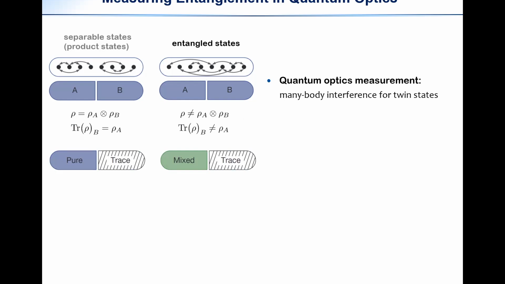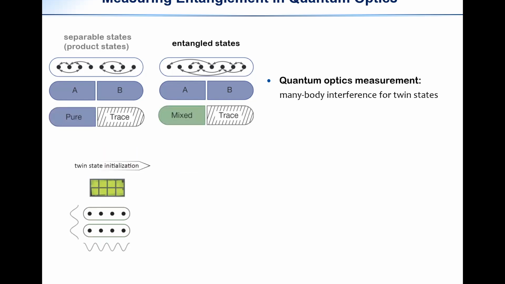So this mixture, this purity of the state, can be precisely determined in ultra-cold atom measurements by preparing identical twin many-body states. You can do the so-called many-body interferometry of these 2 identical states.